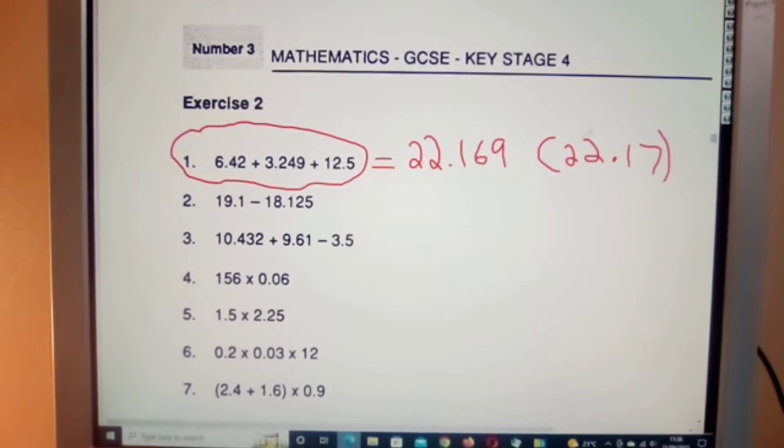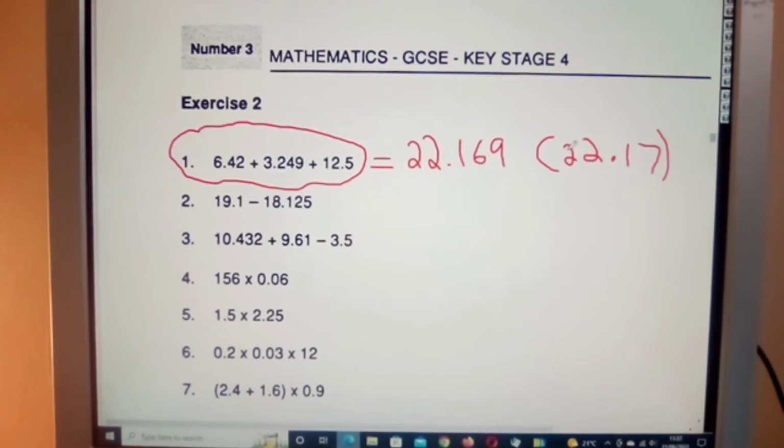And this will be the rounding up, to two decimal places.